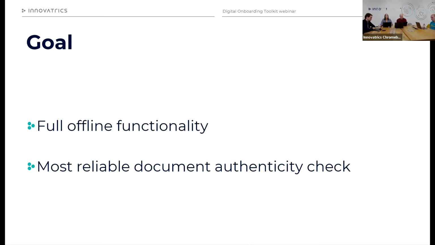The goal with this was to provide full offline functionality of document reading, so you don't have to upload any document image to the server. And of course, the NFC reading of RFID offers the most reliable document authenticity check you can get with a cell phone, if not with a specific device.